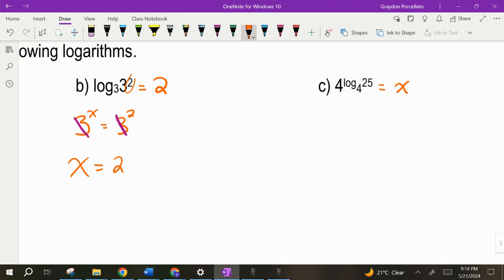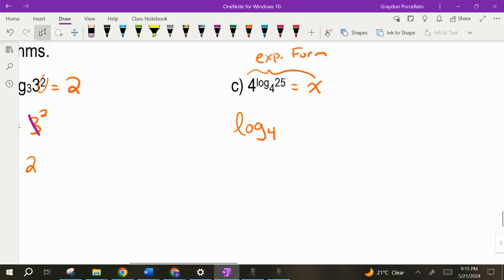And what we're going to do here is put this into logarithmic form. So this here is like exponent form, and we're going to change it to logarithmic form.